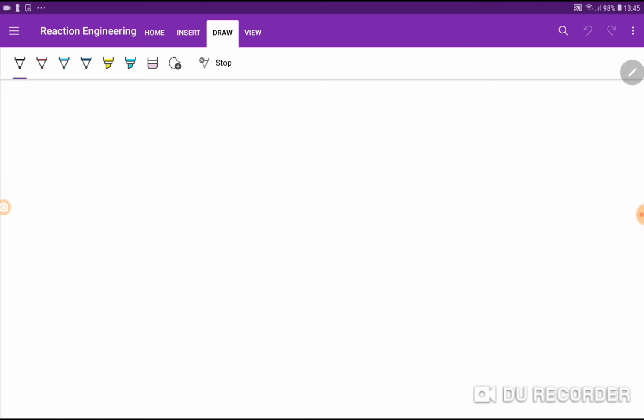Our goal is to solve this system of equations. 3x1 plus 1x2 minus 5x3, no, sorry, minus x4 equals 0.